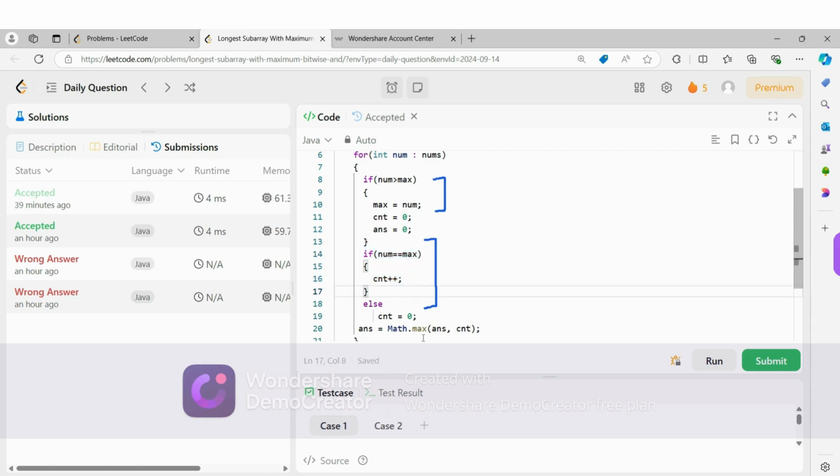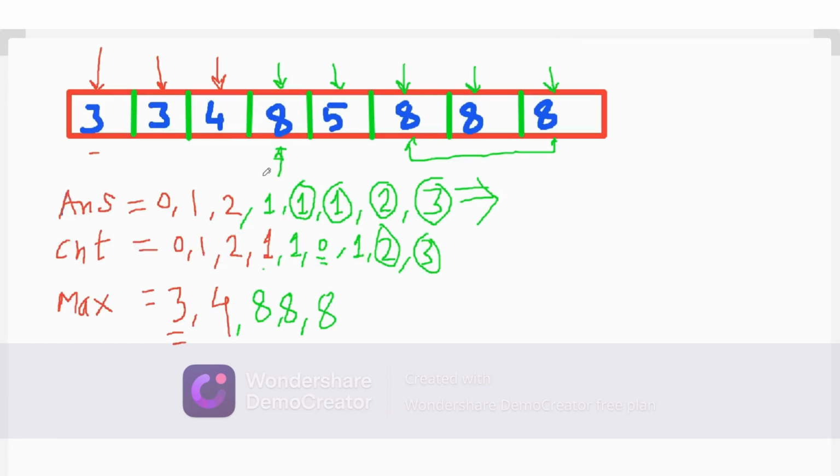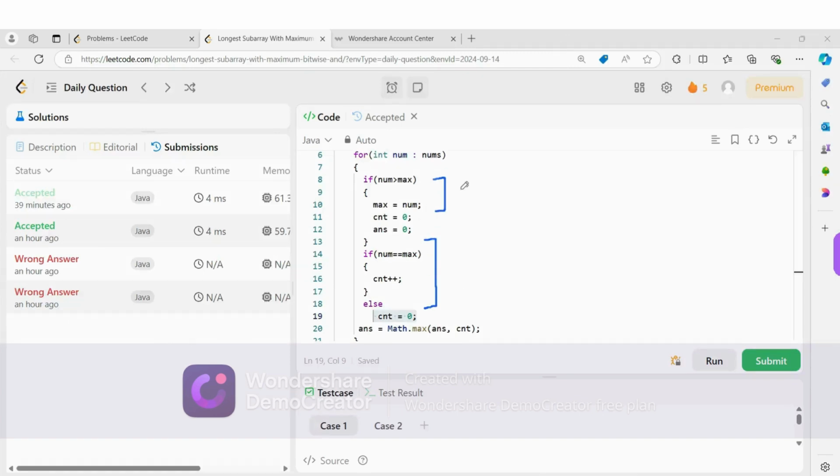But in case that value is not equal to max, then I am making count equal to 0, just like this. See here, when we reached this 5, we made this count equal to 0, right? Because we are anyway resetting it. Okay, so same way I am doing here. So first I have assigned it, then I am checking if num equal to max, then CNT plus plus. So this CNT now anyway will become 1, even if it is a single value.